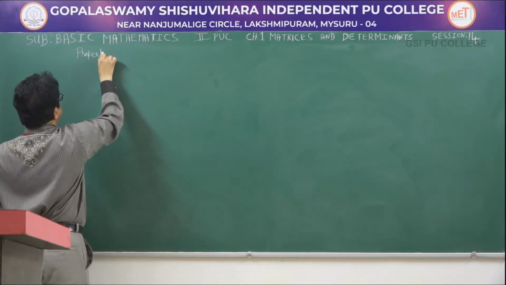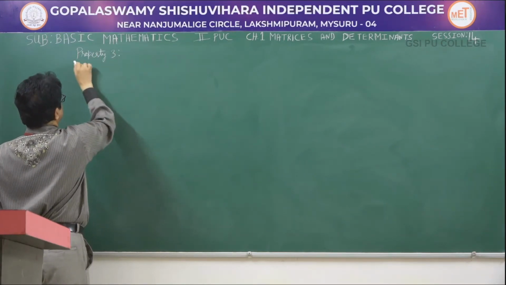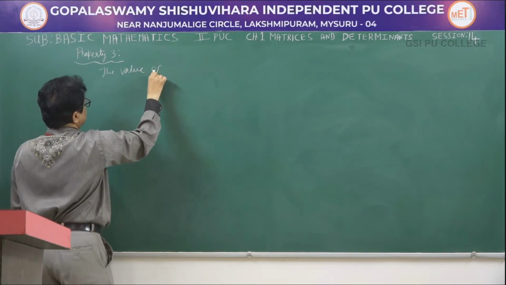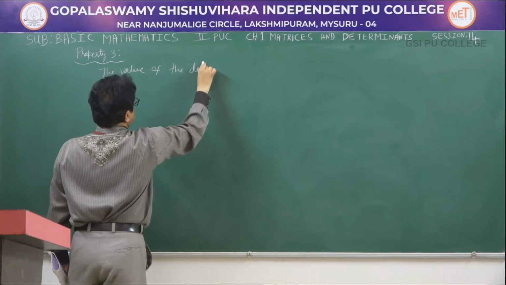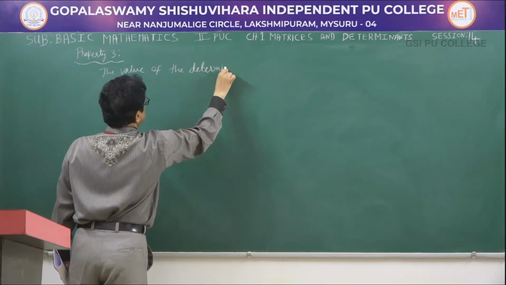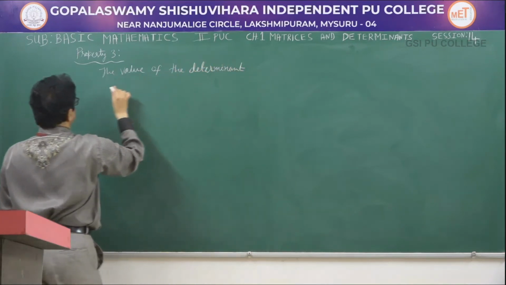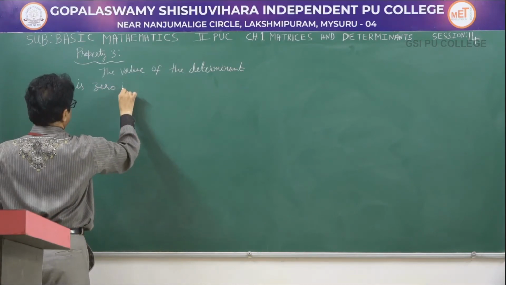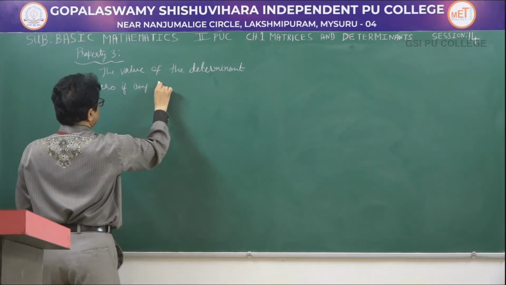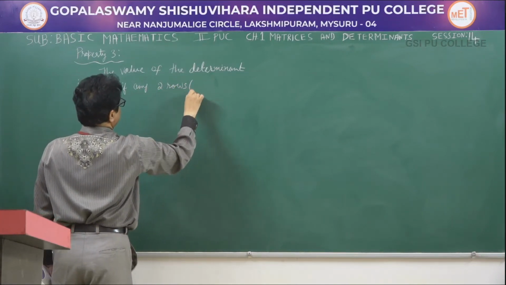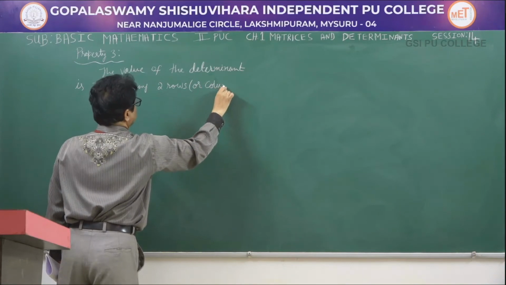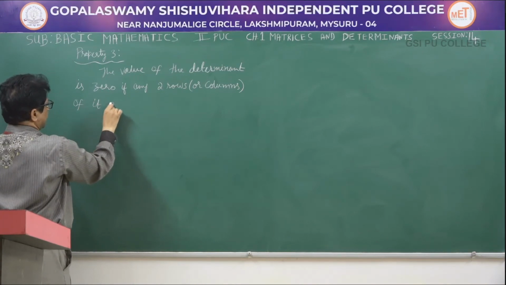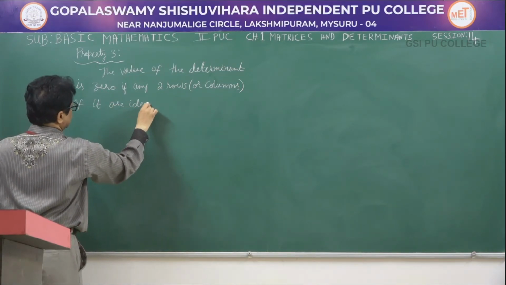Property 3. The value of the determinant is 0 if any two rows or columns of it are identical.